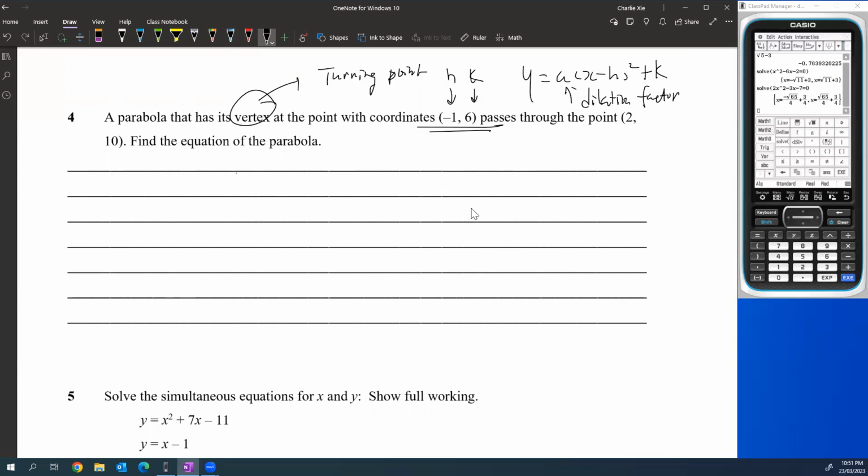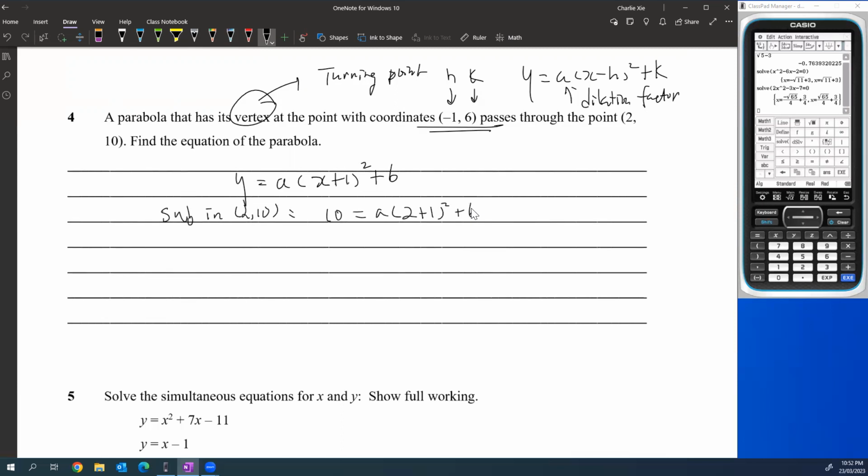So let's write the turning point form as y equals a bracket x plus 1, since h equals -1, squared, plus 6. It passes through the point 2, 10, so we sub in the point 2, 10. We have 10 equals a bracket 2 plus 1 squared plus 6.